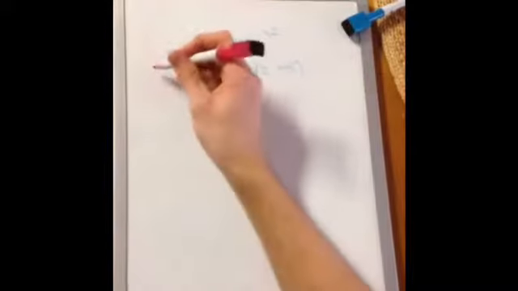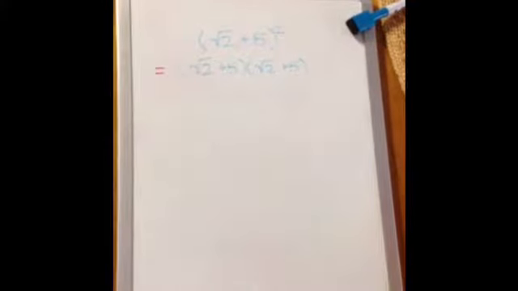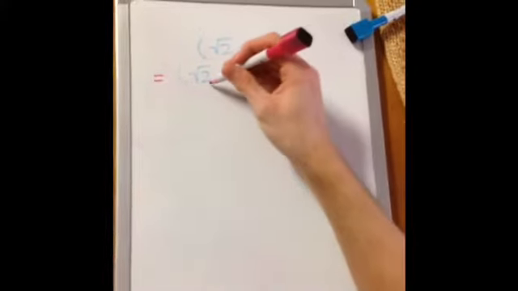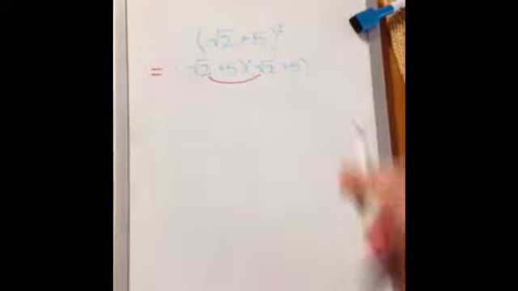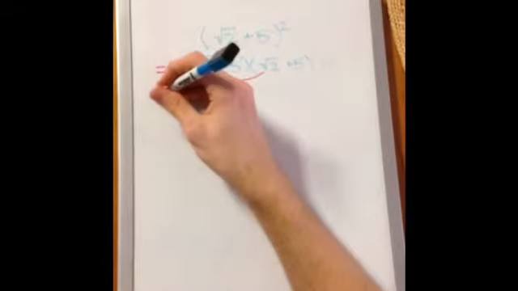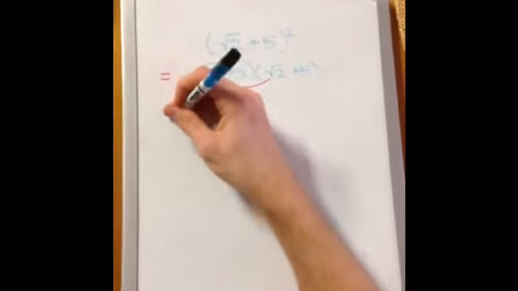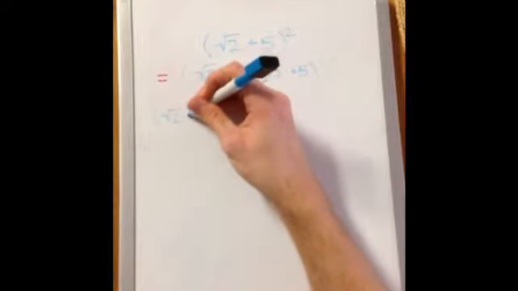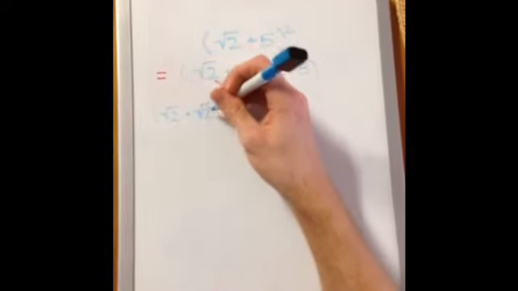In some problems, you have to expand and then simplify. So in this problem, we have to use FOIL to expand. First, we multiply the first terms, which would be the square root of 2 times the square root of 2.